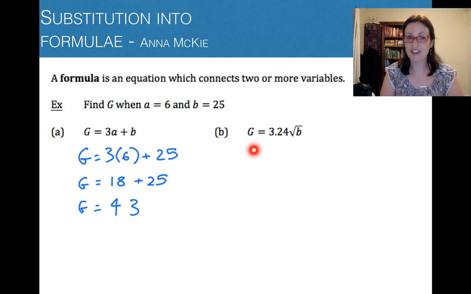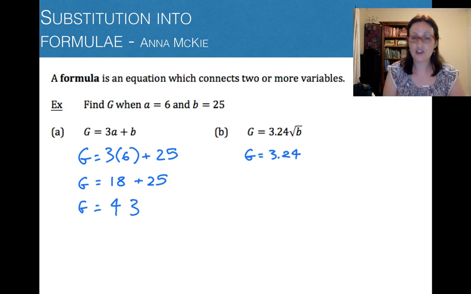Part B, you'll definitely need your calculators here. So we have G is equal to 3.24 times by the square root of B, which is 25. So we're going to have to type that into our calculators. You can type it just as is, but I will put a reminder that between the two of them, it's essentially asking us for a multiply.